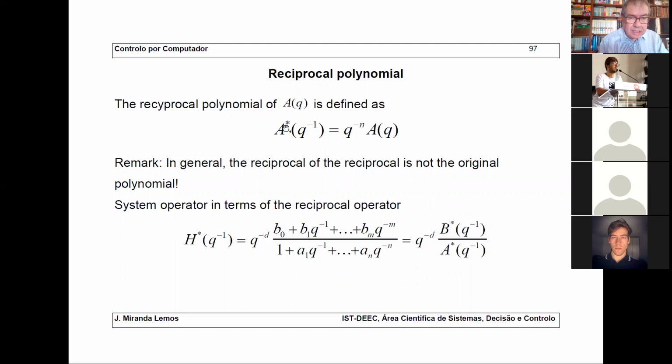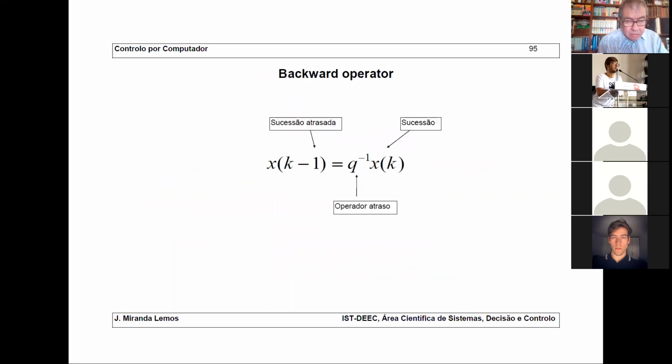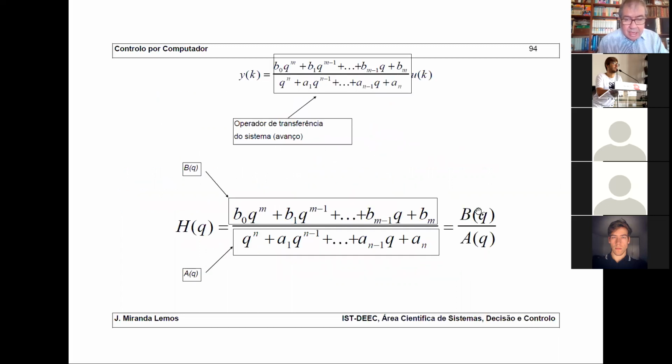Okay, and I put a star here to say A star of q to the minus n is the reciprocal polynomial of q to the minus n A of q. Okay, so I can write the transfer function in backward shift as B star divided by A star. Okay, and these A star and B star are the reciprocal polynomials of this A and B that appear here.